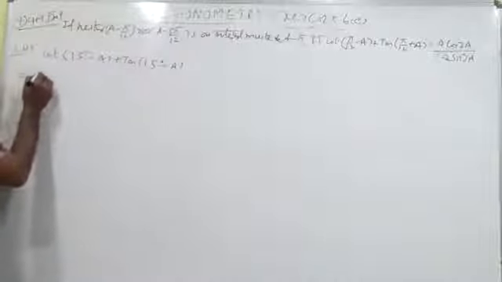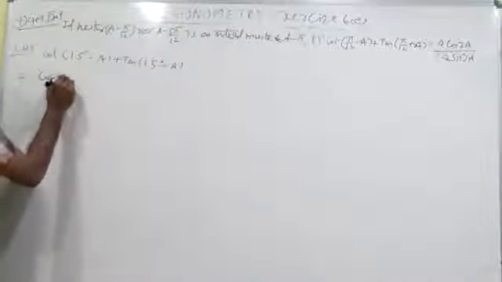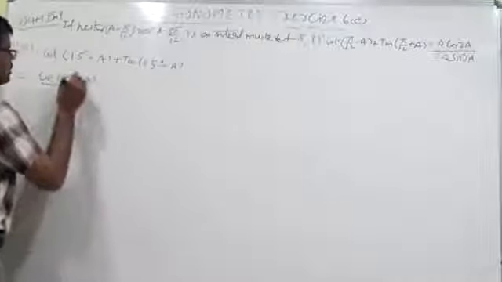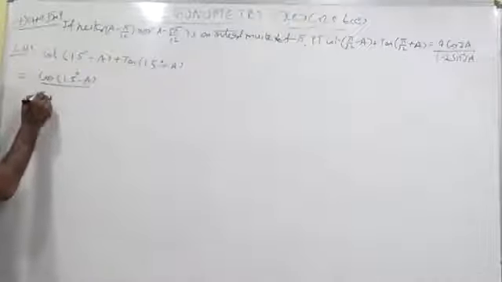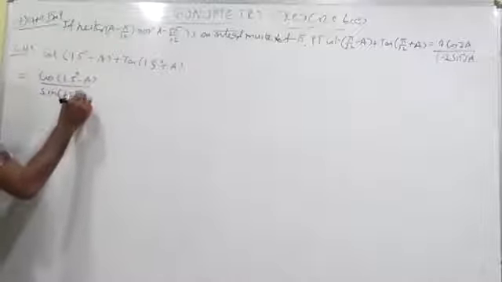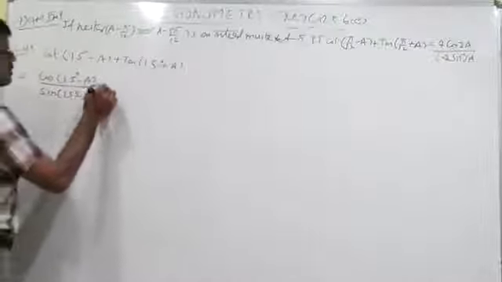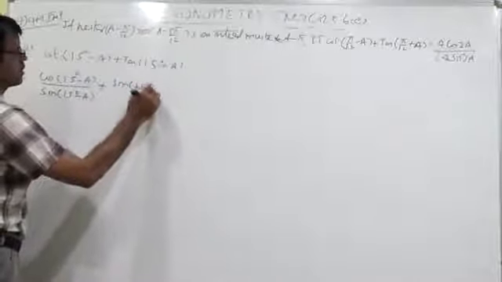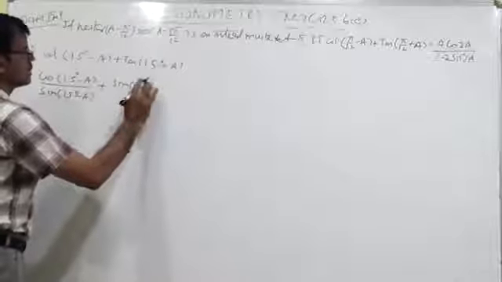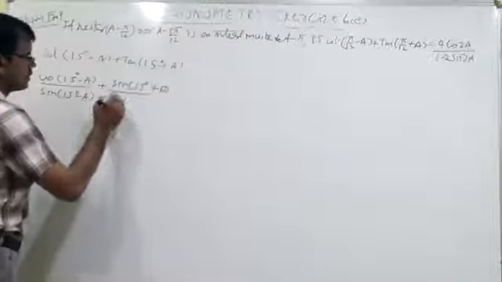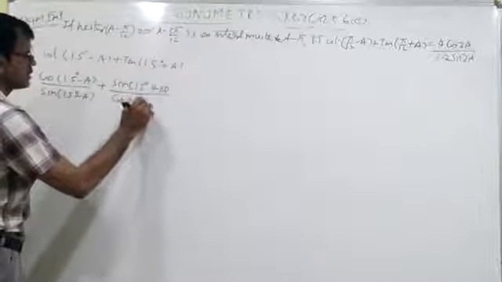Now, better to change cot theta as cos theta by sin theta: cos of (15 degrees minus a) by sin of (15 degrees minus a), plus tan theta written as sin theta by cos theta: sin of (15 degrees plus a) by cos of (15 degrees plus a).